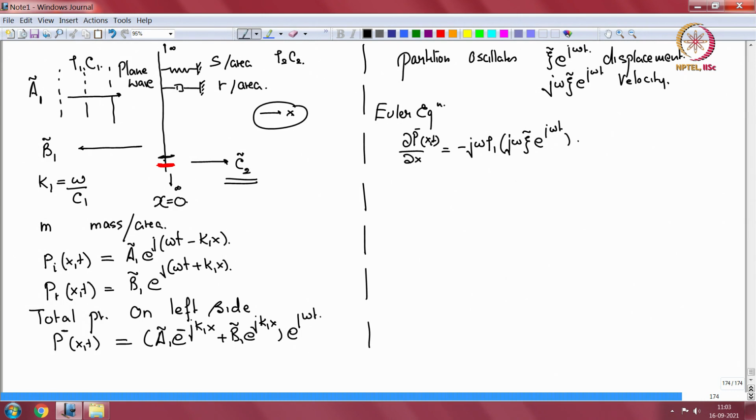Now what is del P minus by del x, again at x equal to 0? If we do that, we get minus j k1 A1 tilde plus j k1 B1 tilde, that is equal to minus j omega rho 1 j omega xi e to the power of j omega t.